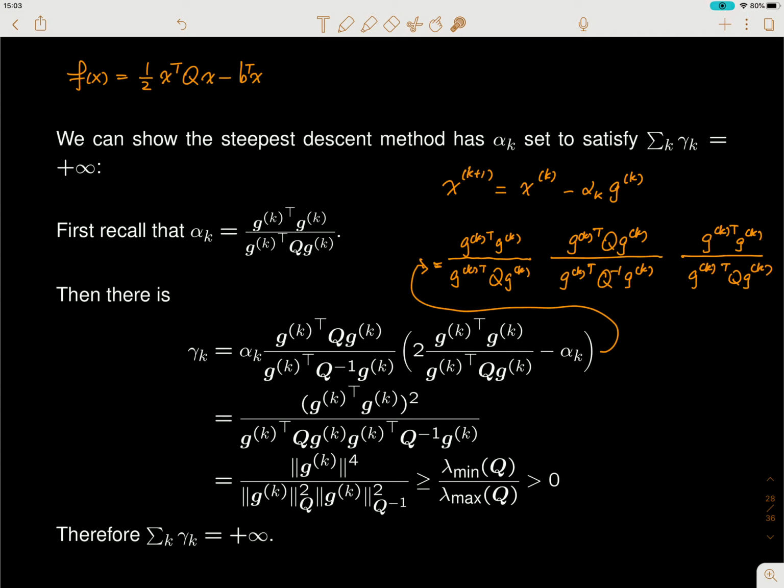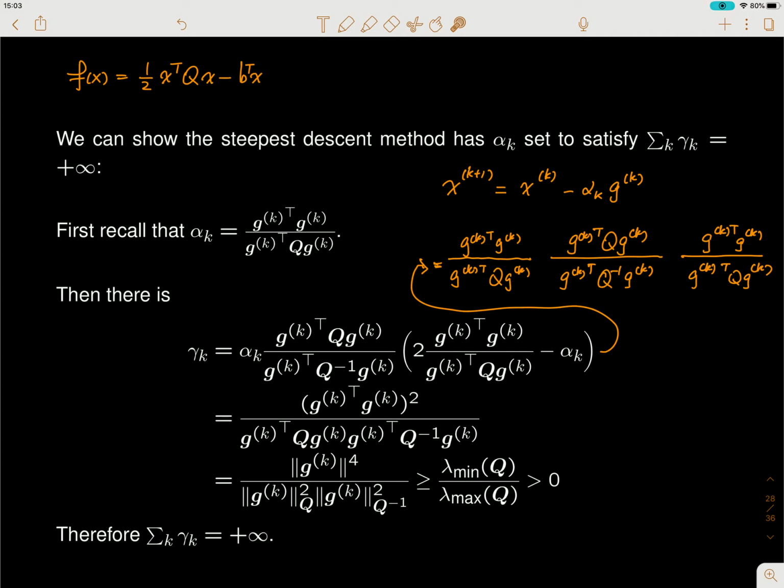So if we chose x0 in this way, then let's look at the error from the k+1th iterate of the algorithm to this x star. This is the k+1th iterate of the algorithm. This x star is the minimizer of f.